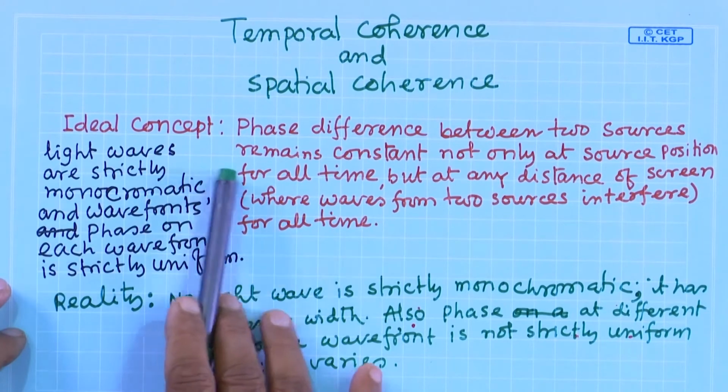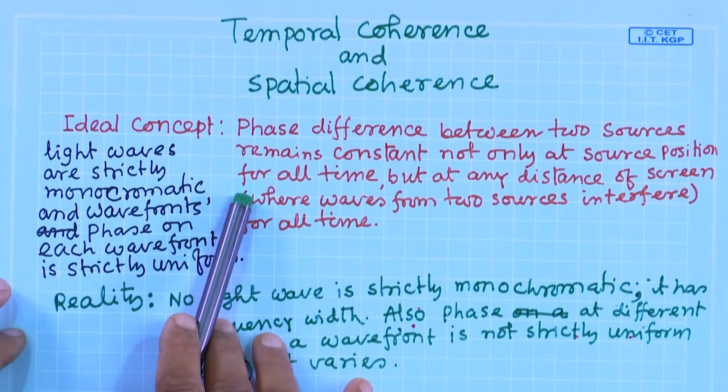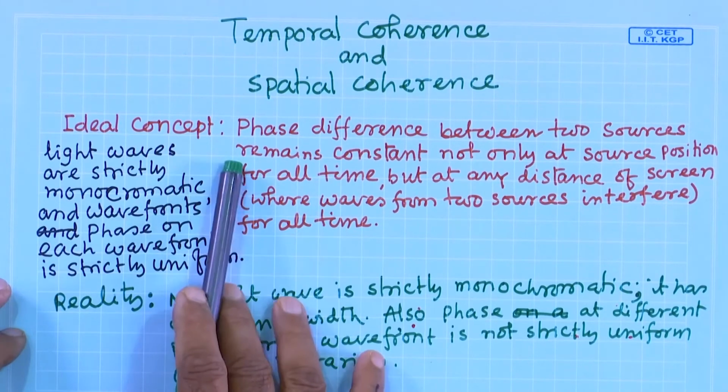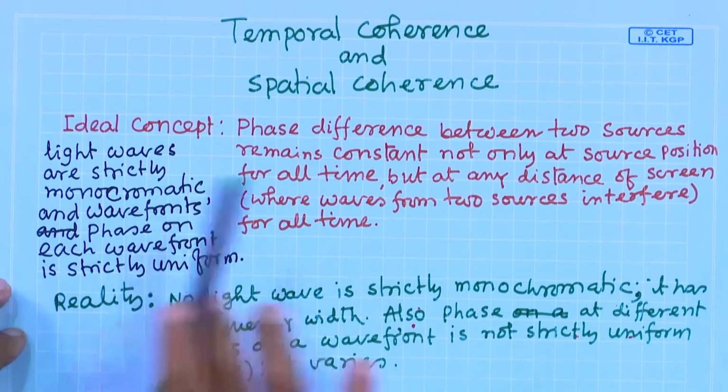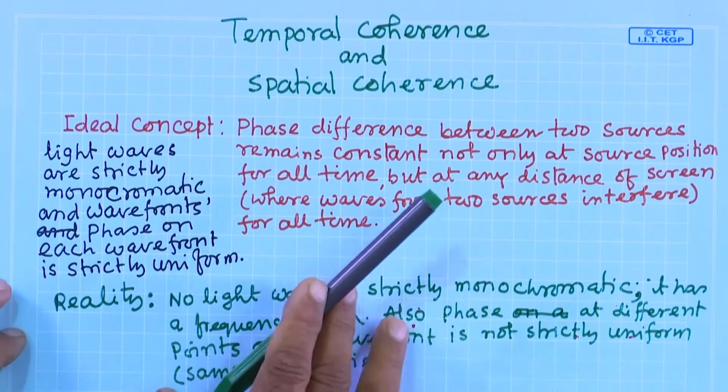If you have two sources whose frequencies or wavelengths are different, then there will not be interference. That is clear.